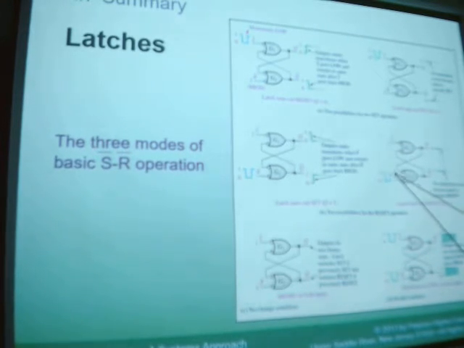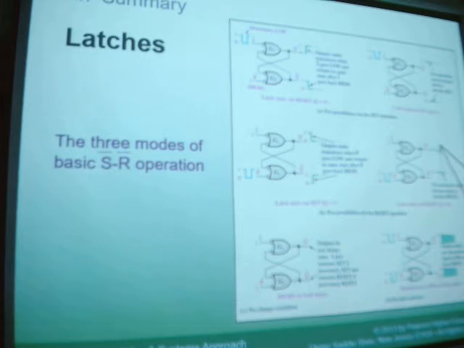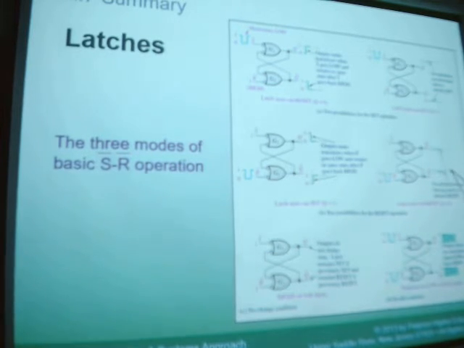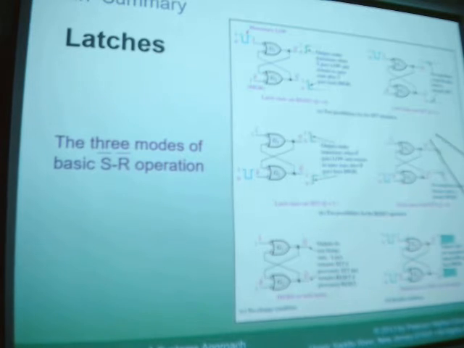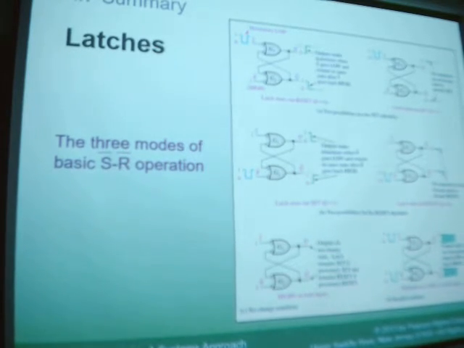And when R bar goes from 0 to 1, then Q equals Q, Q bar equals Q bar. So the output will always be zero for Q, and the output for Q bar will always be one.